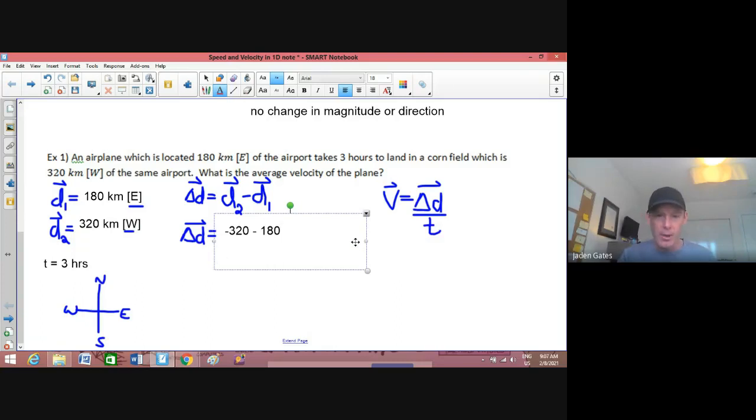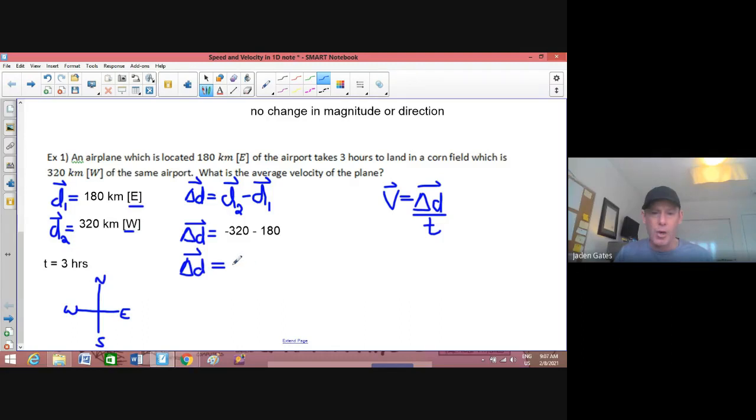Now, when I'm finding my displacement here, I subtract those two numbers. Minus 320 minus 180, that is a minus 500. But that's not my displacement. I'm now going to convert it because I have this vector symbol here.